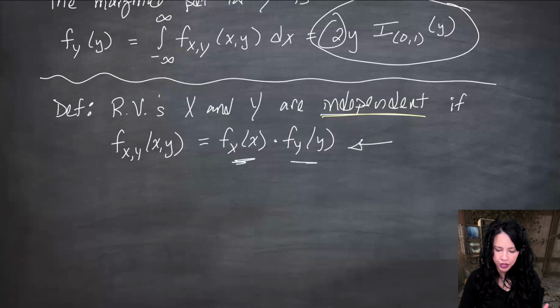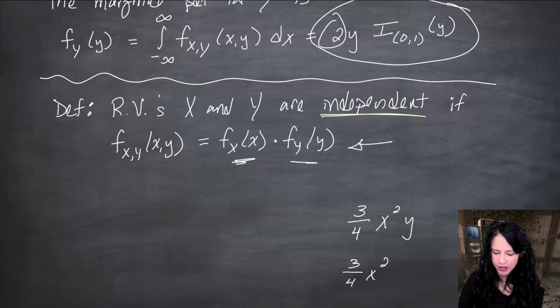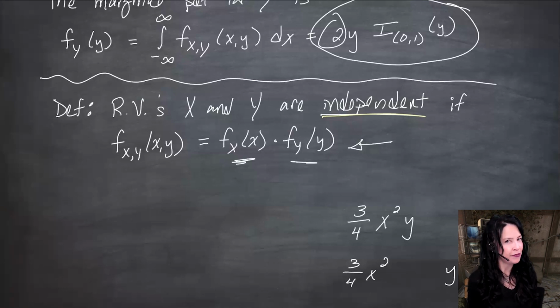But could you maybe look at the original joint PDF and say, this factors into an x part and a y part. Let someone else sort out the constants. Is it 3/4 x squared and then y, or the other way, or something completely different, like 3/8 or whatever it was? So we can break up the 3/4 in many ways, but can't someone else sort that out?